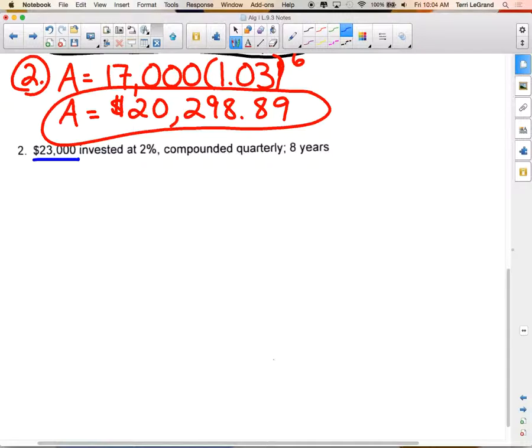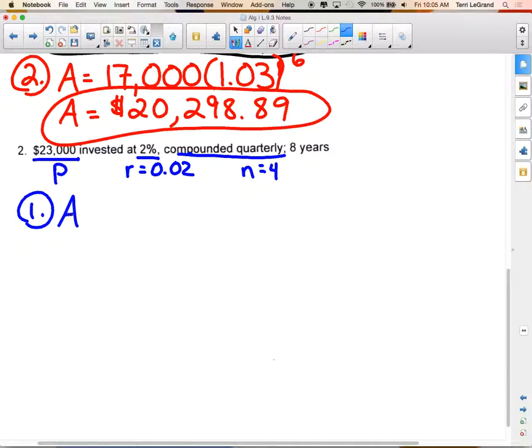What's the 23,000? P. What's the 2%? R. What's the compounded quarterly? 4. N equals 4. So now we can sub in and do our model.